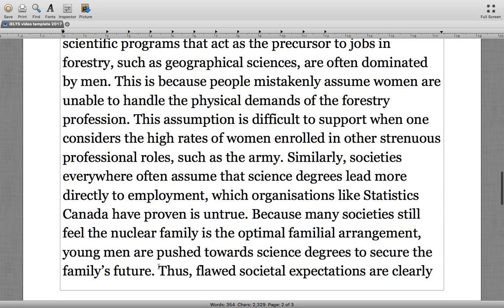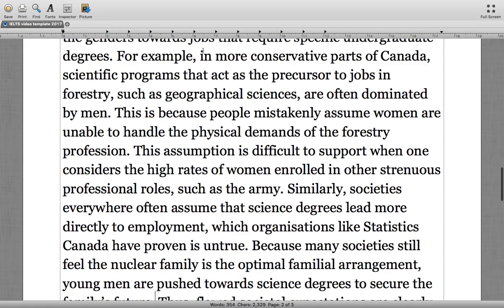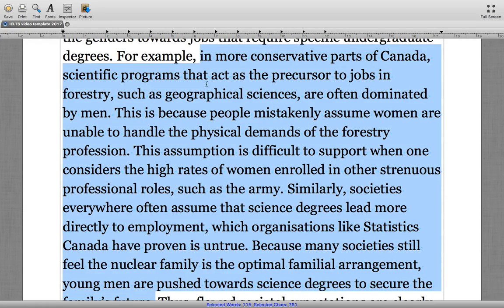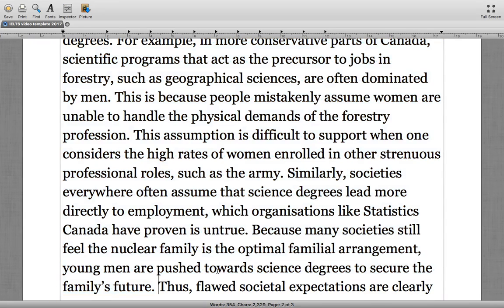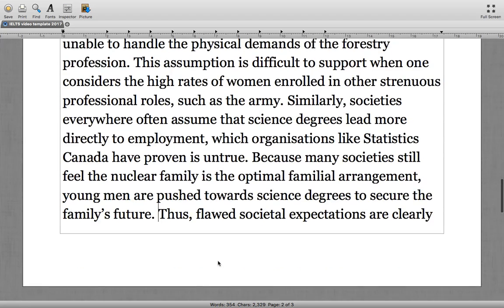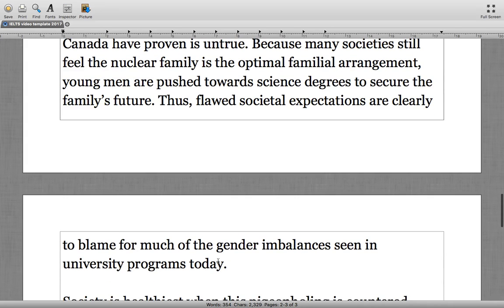Okay, so here we've shared the two reasons why people are pushed towards specific programs at university. Okay, and then we wrap a little label around it all. Thus, flawed societal expectations are clearly to blame for much of the gender imbalances seen in university programs today.